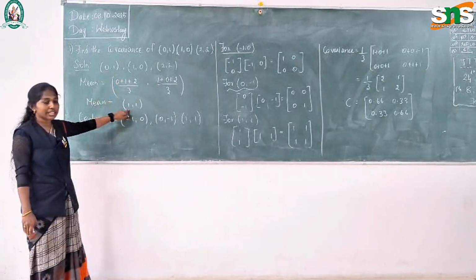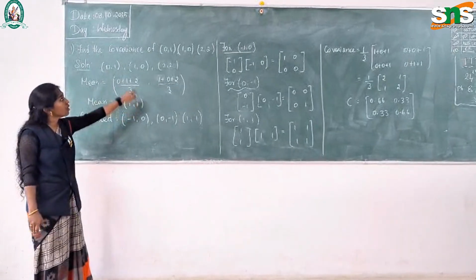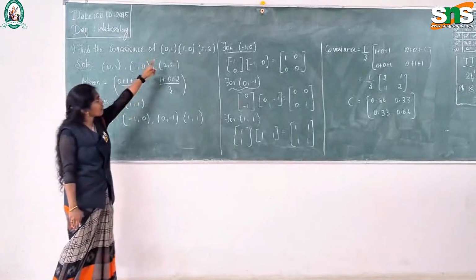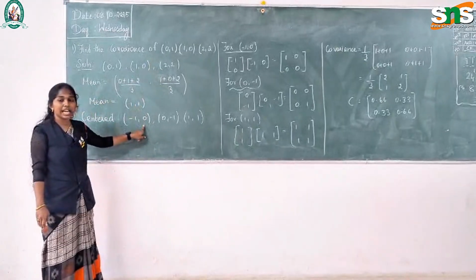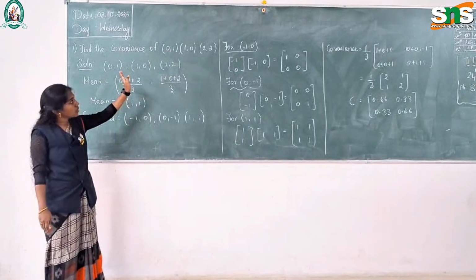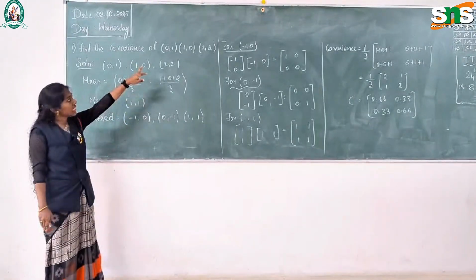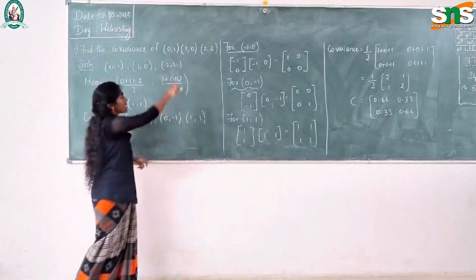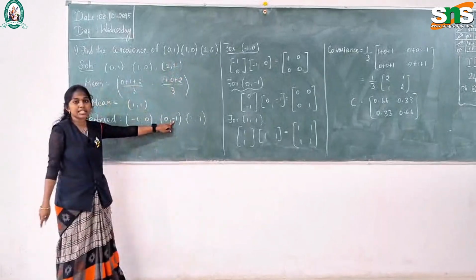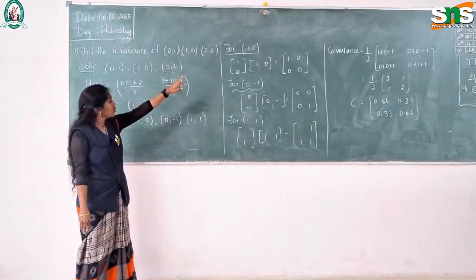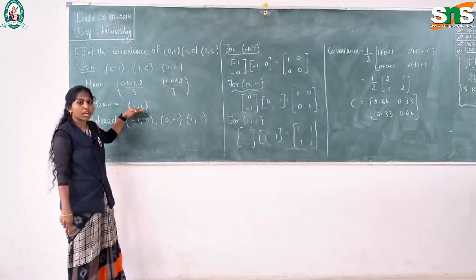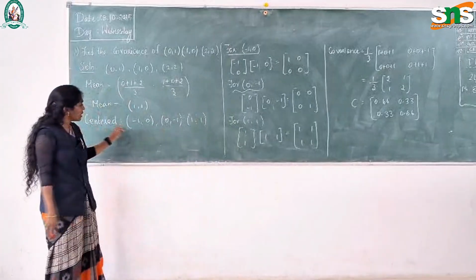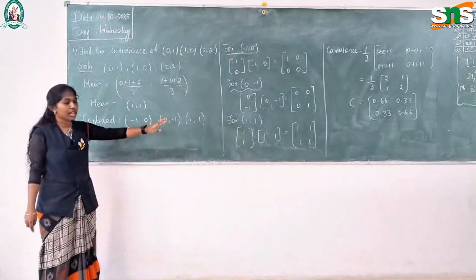We subtract the mean 1, 1 from it. 0 minus 1 gives minus 1, and 1 minus 1 gives 0. Similarly for the second data point, 1 minus 1 gives 0, and 0 minus 1 gives minus 1. Then the third data point is 2, 2, and subtracting 1, 1 gives 1, 1. So the centered values are minus 1, 0; 0, minus 1; and 1, 1.